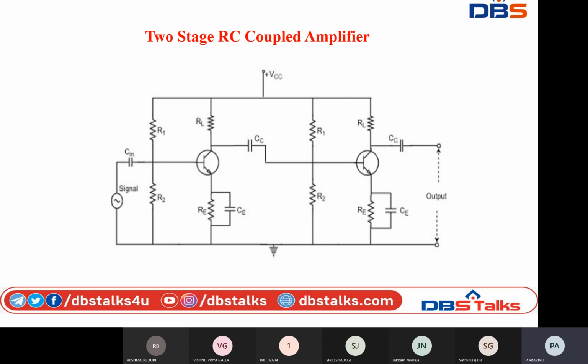So coming to its operation, when an AC signal is applied to the base of the first transistor, it gets amplified and appears at the collector load RL, which passes through the coupling capacitor Cc, right?